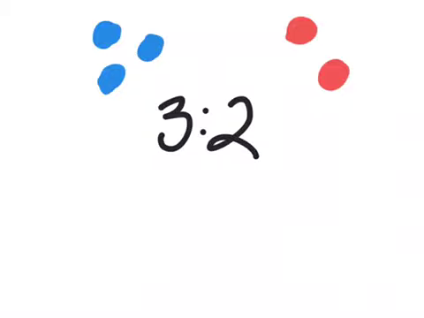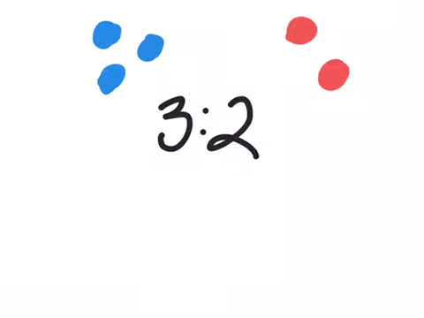Okay, the second thing that's very important, Mrs. McNutt told me that this tripped up a couple of you on your pretest. She said make sure you read the questions carefully. Now, if I ask you for the ratio of blue dots to red dots, 3 to 2 is very, very good, just like we talked about last slide.